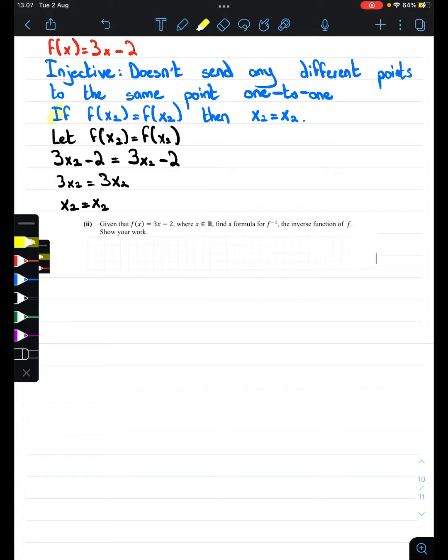So this is satisfied. If f of x1 is f of x2, which we allowed, then you get that x1 equals x2, which is what we got here. And so f of x is injective. And it's just as simple as that.